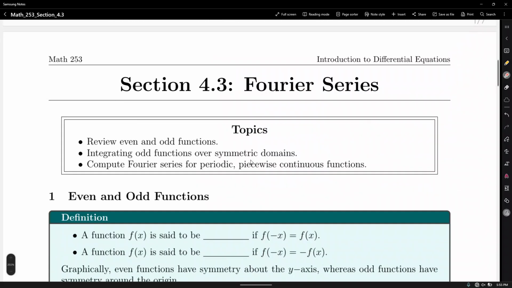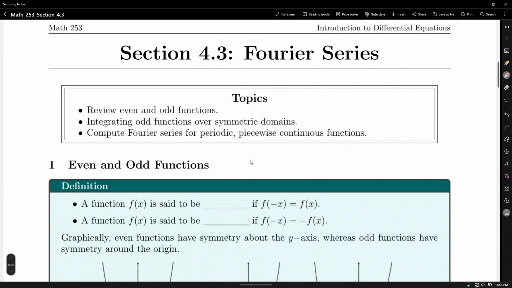Okay, so Fourier series. But wait, we're not going to get to compute a Fourier series right away. We need some pieces of information, some tools that we need to sharpen before actually getting to the test. So number one, what are we doing in this section? We're going to review what even and odd functions are.